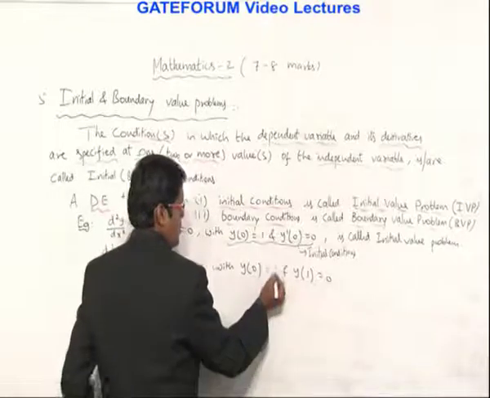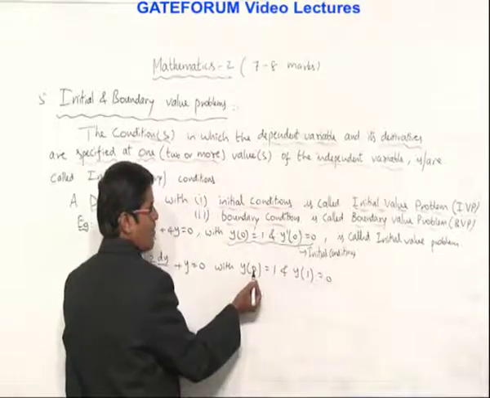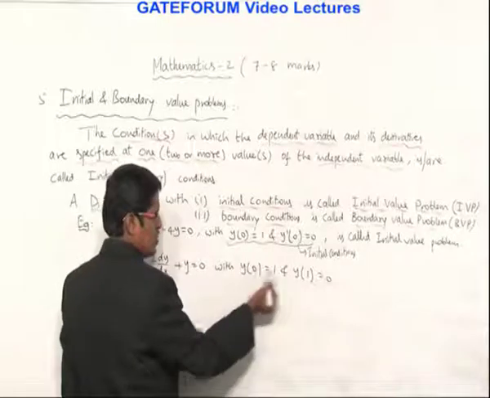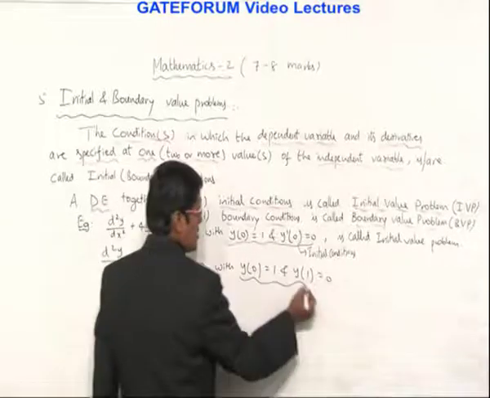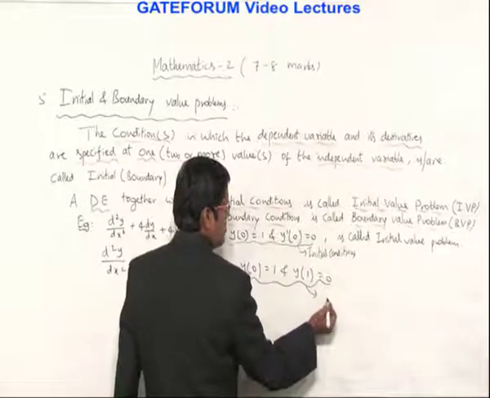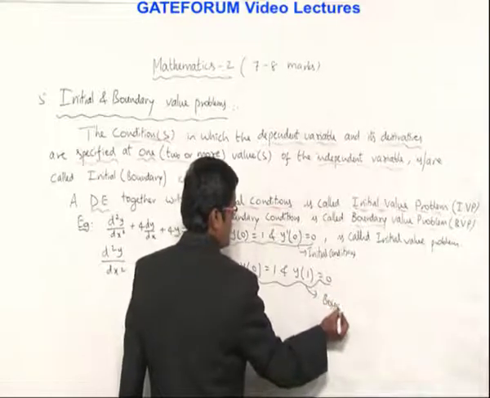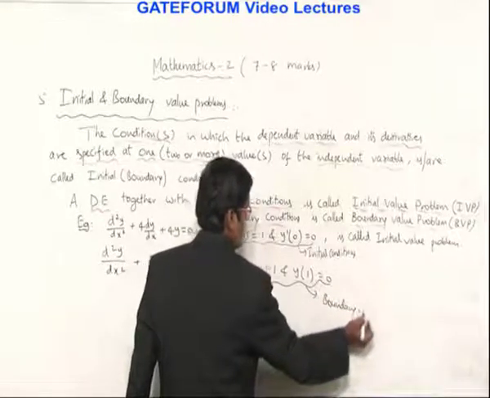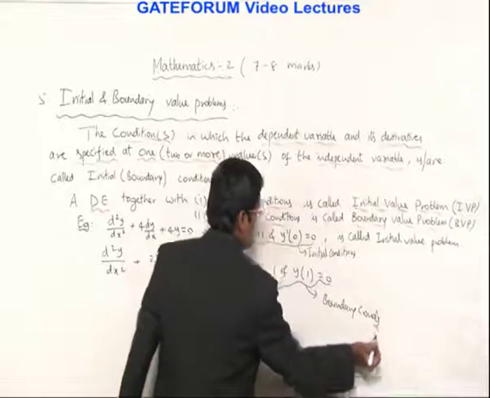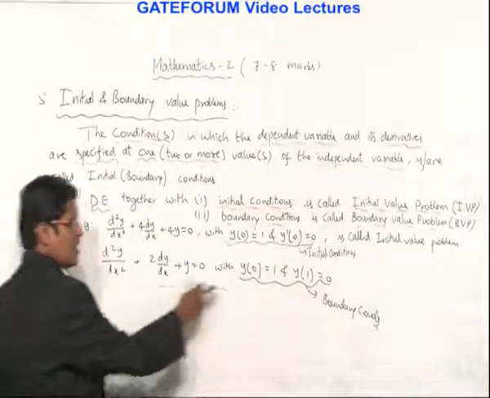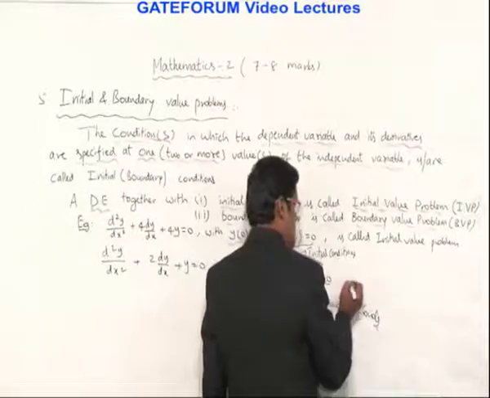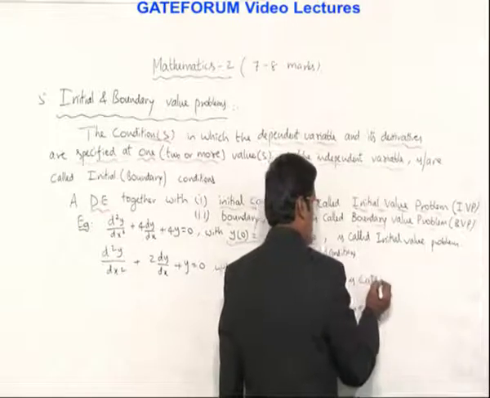So here the independent variable x has one value 0 and other value 1. So these types of conditions are called boundary conditions. Such a differential equation with these conditions is called a boundary value problem.